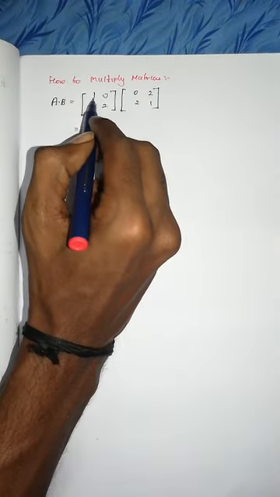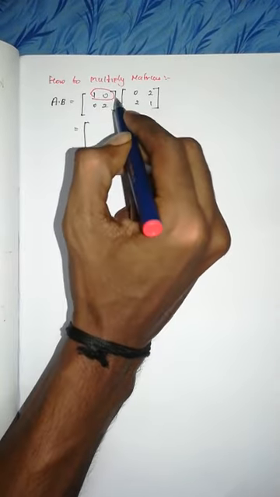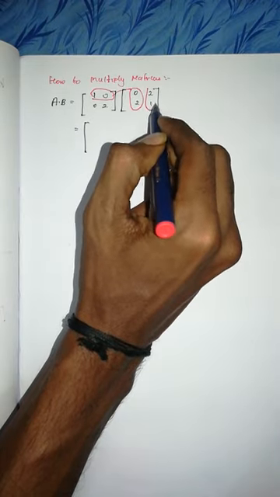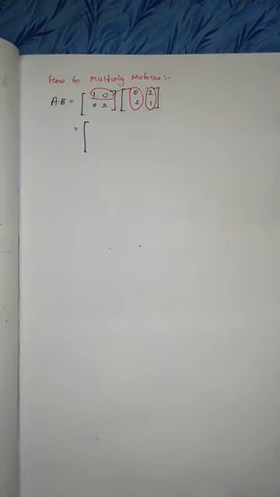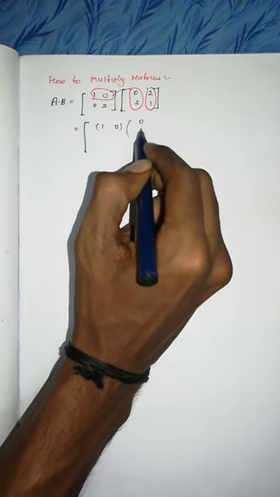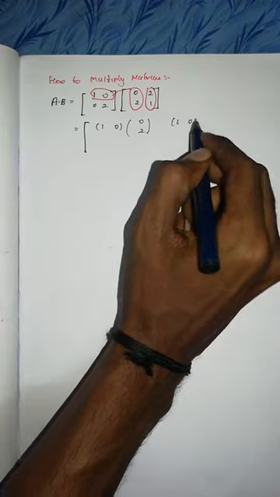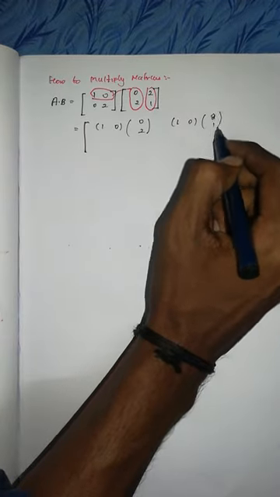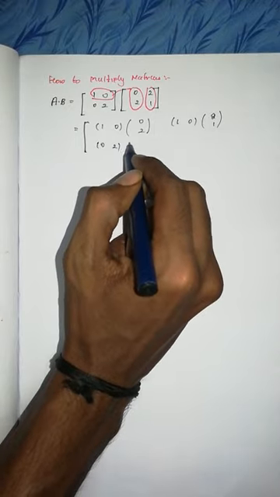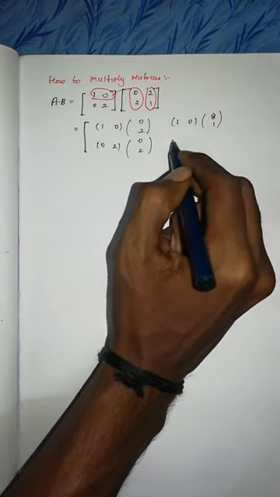You just take the first row and then multiply with the two columns of the other matrix. So first I take the first row 1 0 and I multiply with the first column and the second column. Now I take the second row, which is 0 2, and multiply with the two columns.